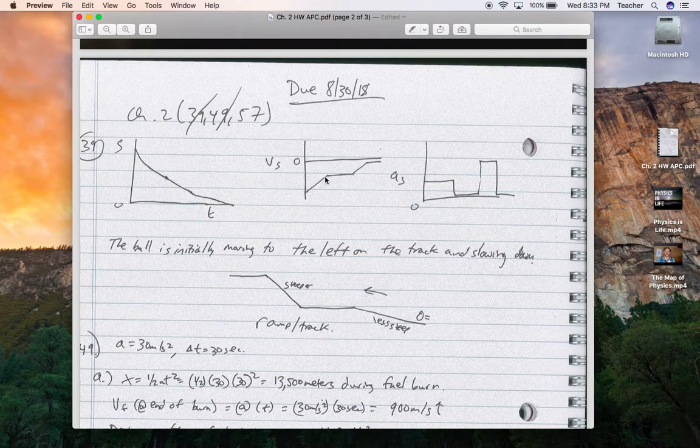So I've got a positive acceleration here, 0 acceleration, a steeper or greater magnitude of positive acceleration here, and then no acceleration. We're always moving to the left because we always have a negative velocity. So we've got a ball going up a ramp at an angle, and then it reaches a level surface, then it goes up a steeper angle, then it reaches a level surface. So positive acceleration, more positive acceleration, and those agree with those graphs.